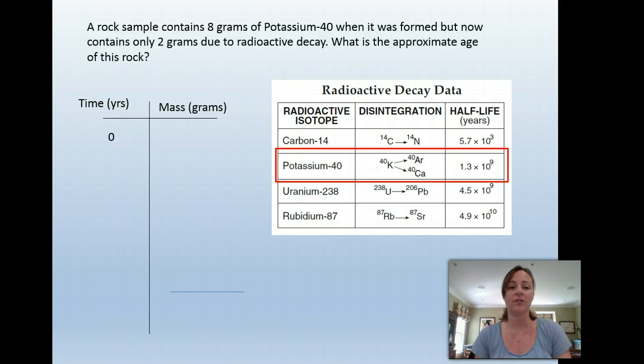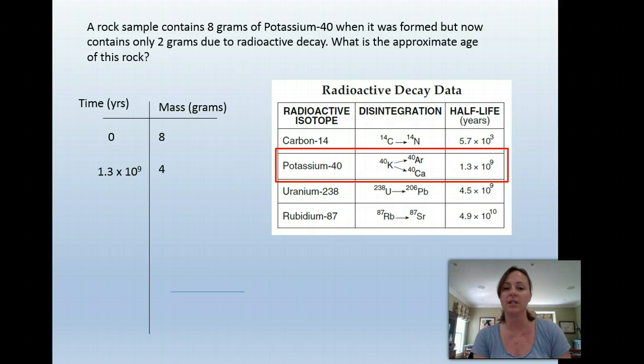Well, when we found the sample, it first had 8 grams, right? After no years passed, there was 8 grams of the original sample. Well, after one half-life, or 1.3 billion years, there would be 50% of that 8 remaining. So therefore, after one half-life, we would have 4 grams of the sample left.